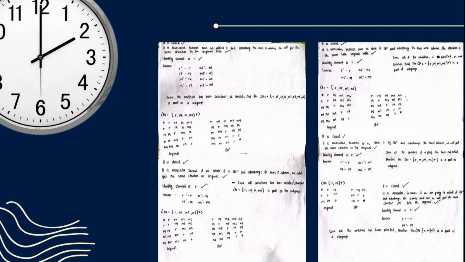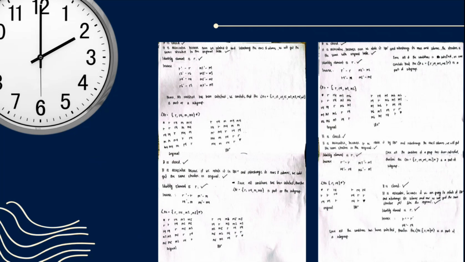In A5, we have R, R4, M, and M4. We extend the table and rotate it 180 degrees to check if it is associative. It is closed, and it is associative because if we rotate it 180 degrees and interchange its rows and columns, we get the same structure as the original.